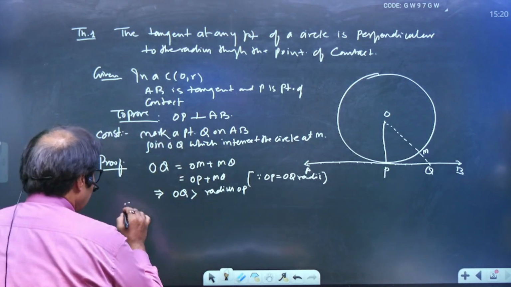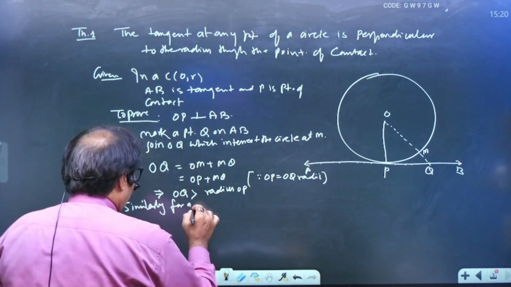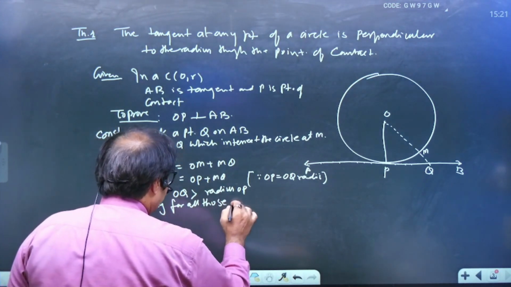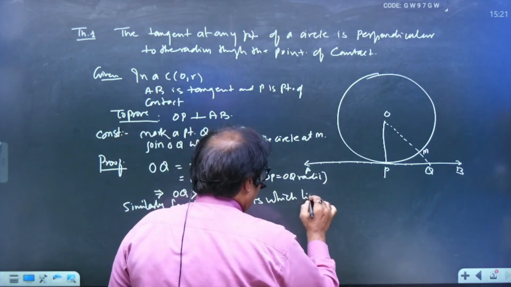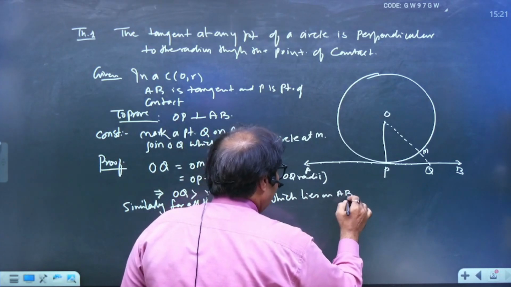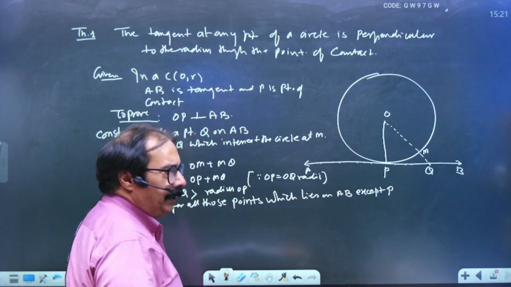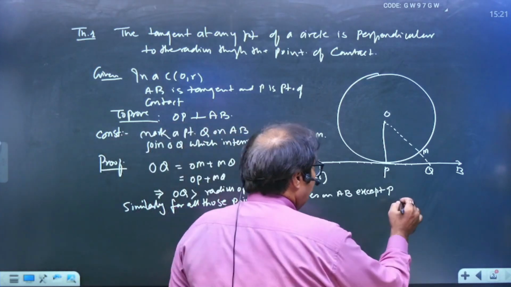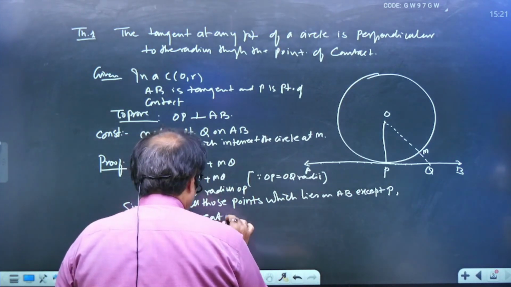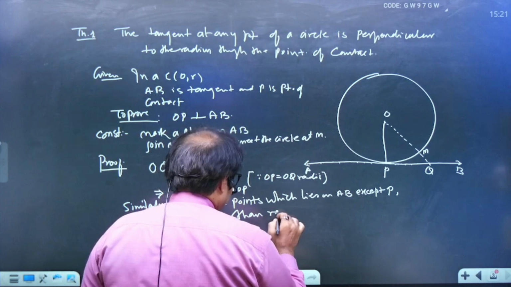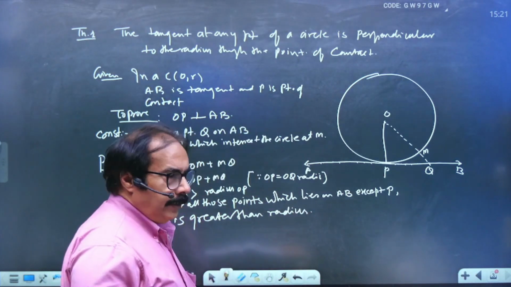So here we will write: similarly, for all those points which lie on AB other than P, the distance is greater than the radius.